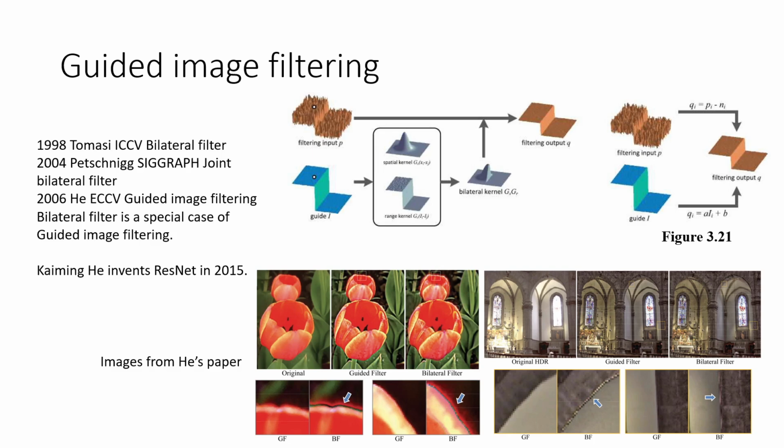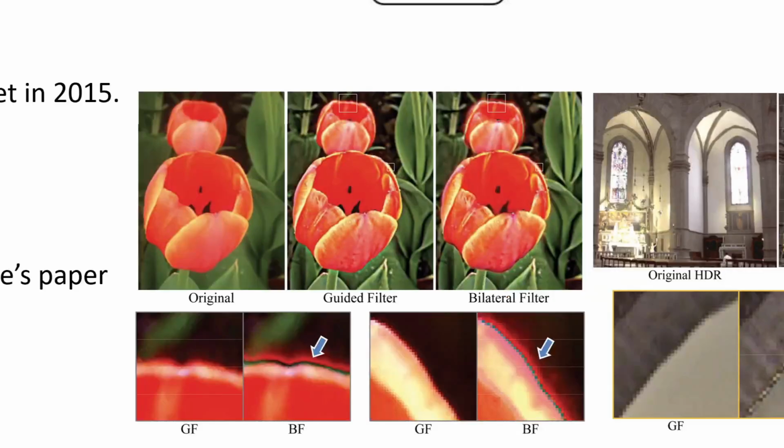And he wants to show the difference between the two. Let's see if you can see here. BF means the bilateral filter. If you apply the bilateral filter to these original images, then there will be artifacts. But if we use their proposed guided image filter, then there will be no artifacts like this one.